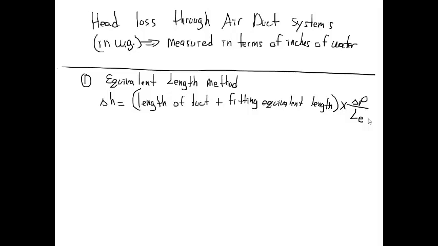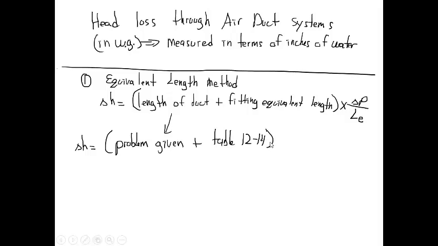So the way that translates is the following. Delta H is going to be, the problem statements are going to give you the length of the duct. So I'll call that problem given. So you have the length of the pipe plus table 12.14.